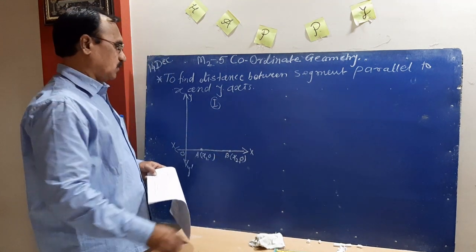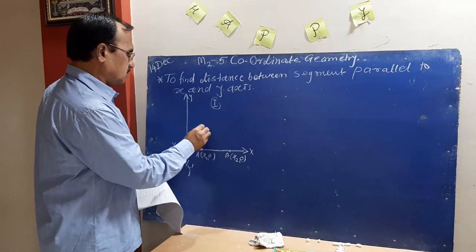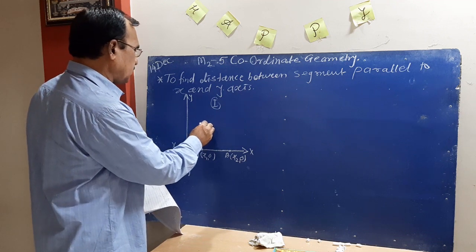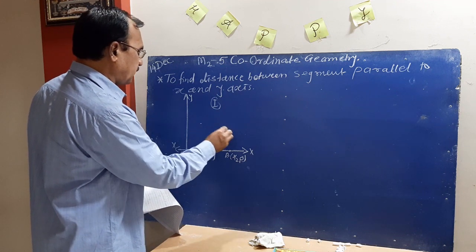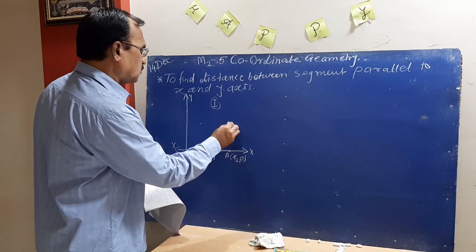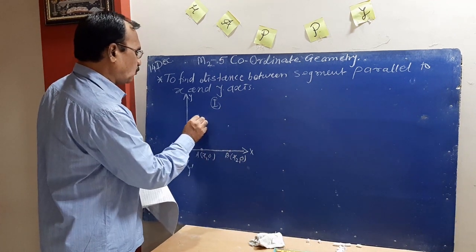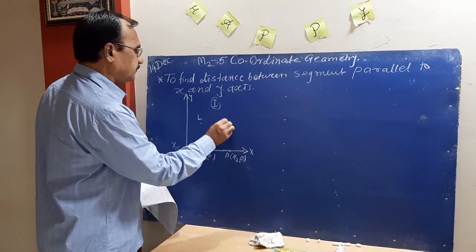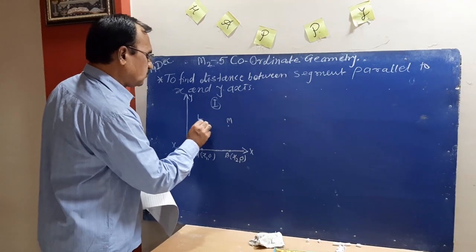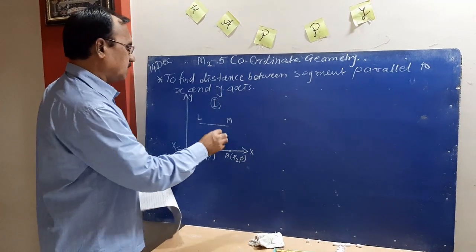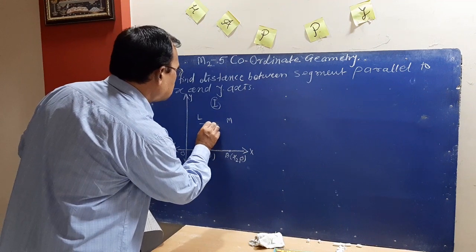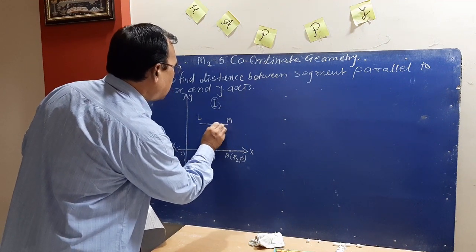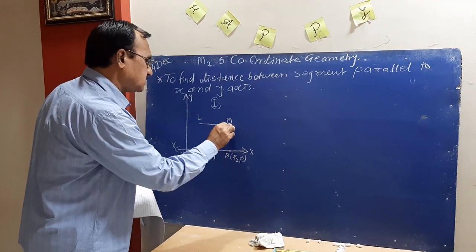Then take parallel points, or if we join these points, this segment is parallel to the x-axis. Suppose these are 2 points, L and M. If we join these 2 points, this segment LM is parallel to the x-axis.